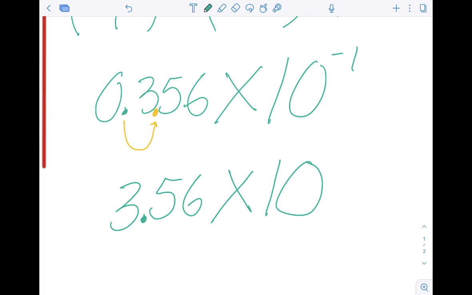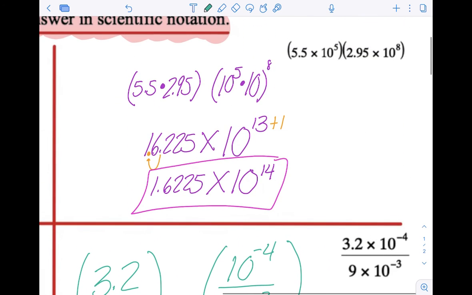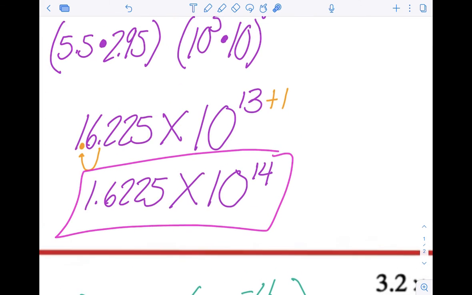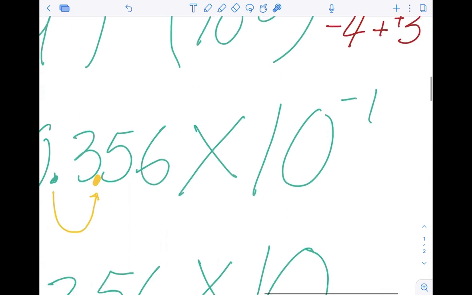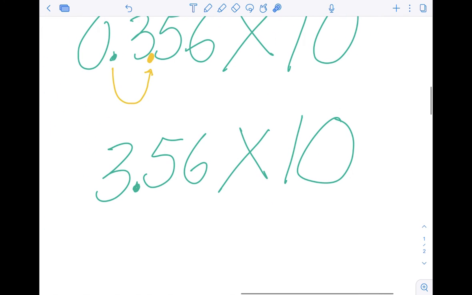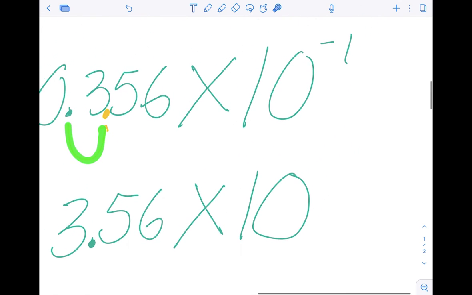Now the question is, do I add 1 or do I subtract 1? Well, let's take a look up here. When I went to the left one, I added 1. So that means the opposite: when I go to the right one, I'm going to subtract 1.